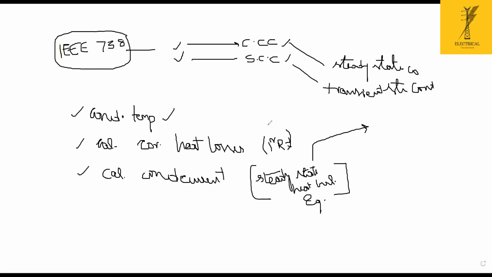Now a heat is developing in the conductor. Now let's assume the heat developed is equal to the heat gained by that conductor due to the flow of the current. If this is equal to the heat losses, which is satisfied by the convection or radiation losses, this heat will be dissipated out, maybe by convection or radiation.